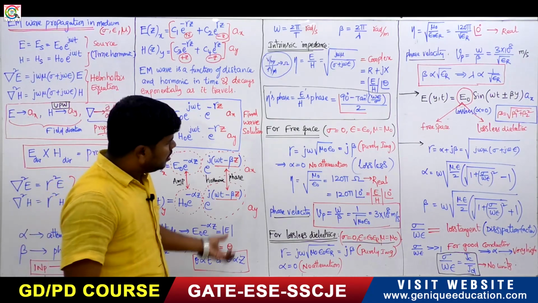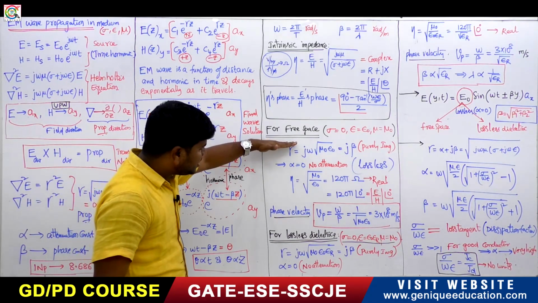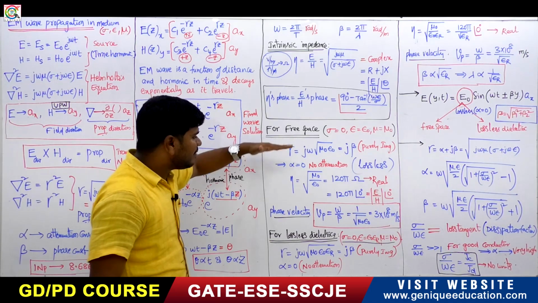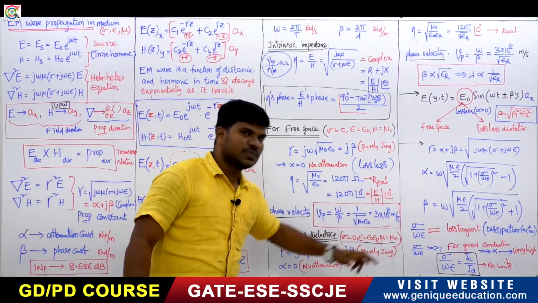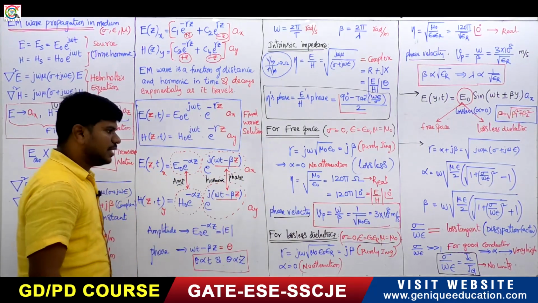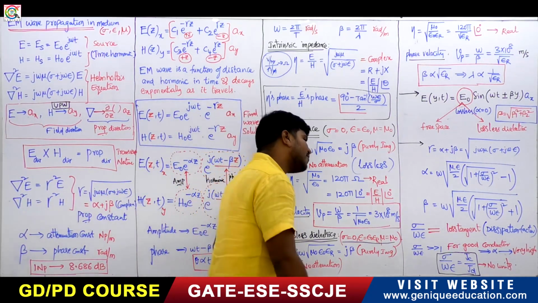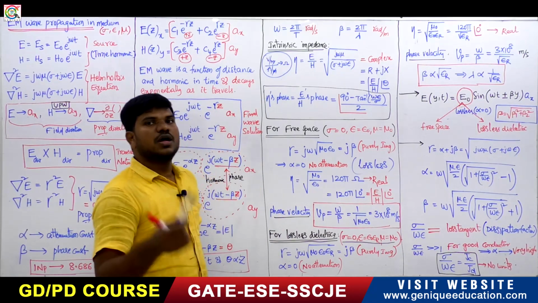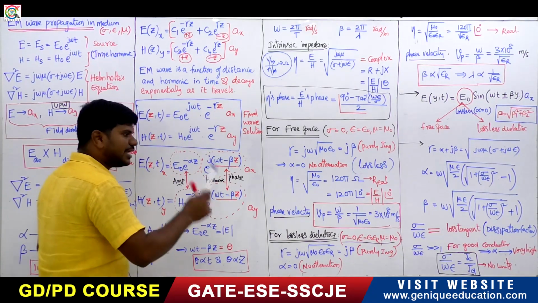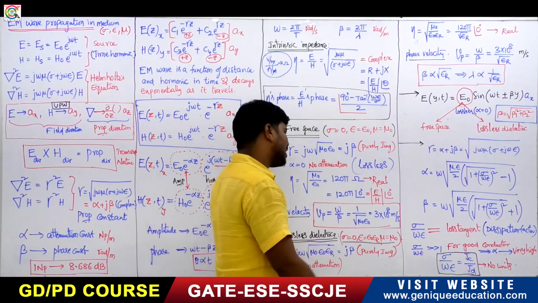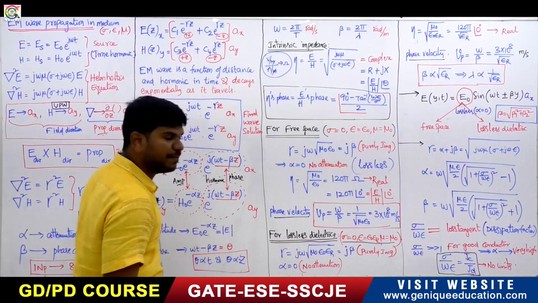So in free space, the EM wave travels with the velocity of light, 3 into 10 power 8 meters per second.